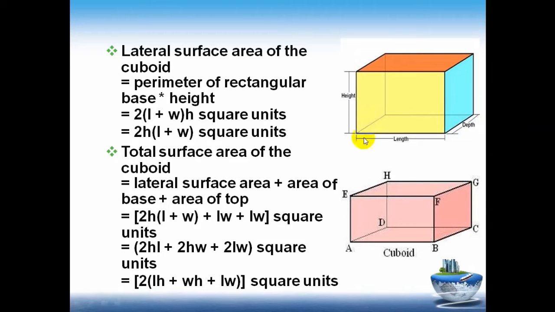And now the total surface area of the cuboid is lateral surface area plus area of base plus area of top. So this is the area of the base and area of the top: 2 multiplied by h into (l plus w) plus lw plus lw square units. And we can write 2hl plus 2hw plus 2lw square units. Now taking 2 common, 2 into (lh plus wh plus lw) square units.